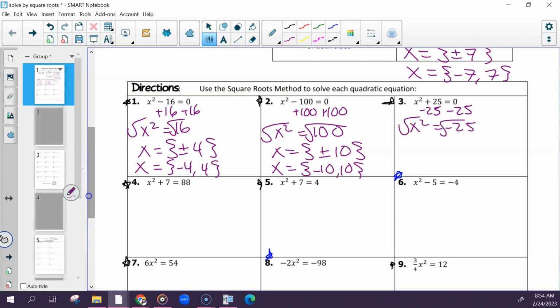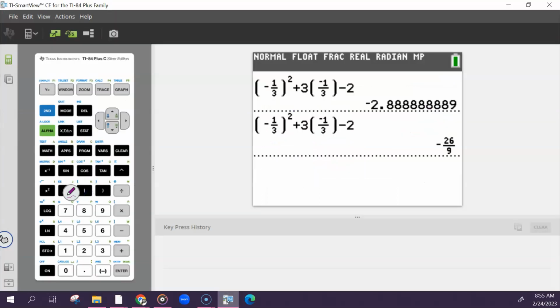If we go to take the square root of this in your calculator, do that. Square root of negative 25. Those of you who don't have your calculator should probably go grab it. Make sure you have a negative. And if you aren't sure where the square root is, it's in blue above x squared.